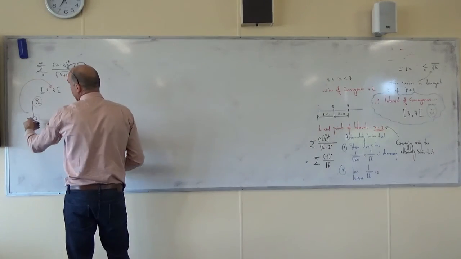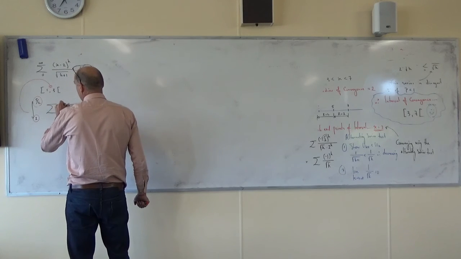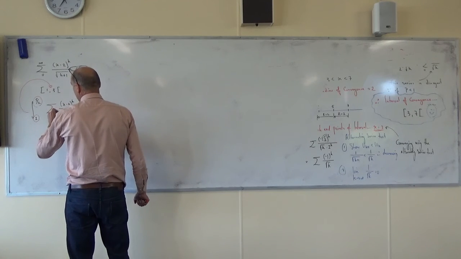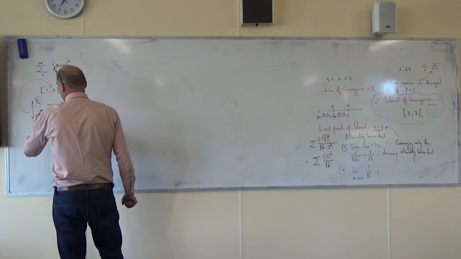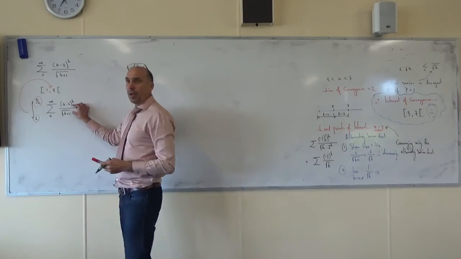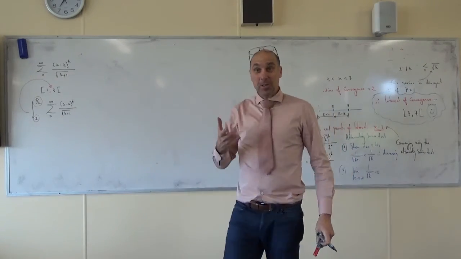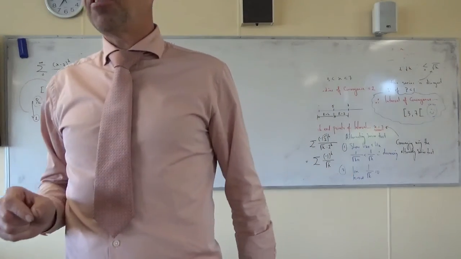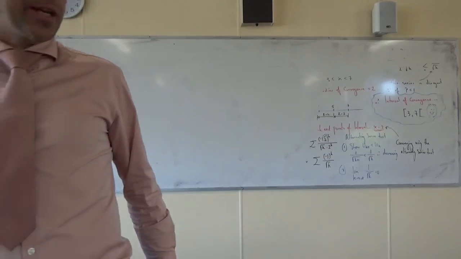If I want to take the integral of a sum, which is quite a tricky thing to do, really, when you think about it. Why? Because what would I need to do? I'd need to write out the whole power series, and then I'd have to integrate every single term by itself. And then I'd have to add up all those integrals.